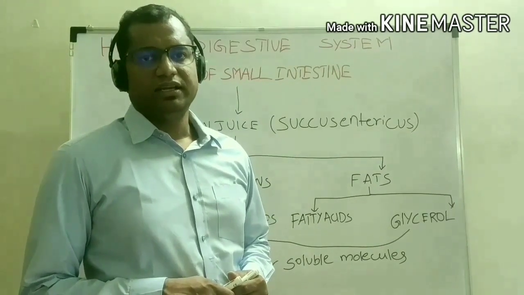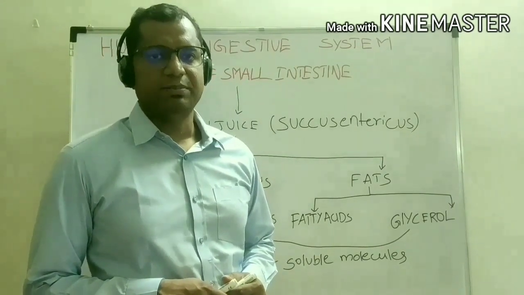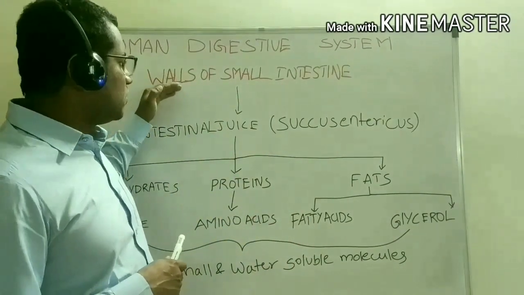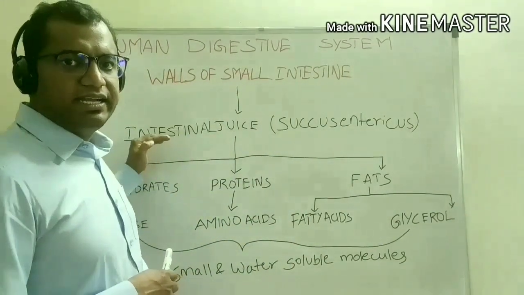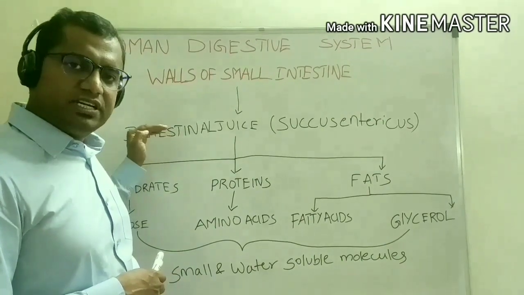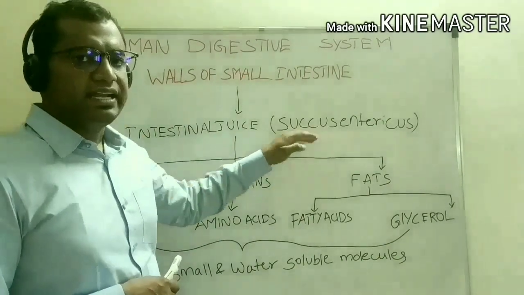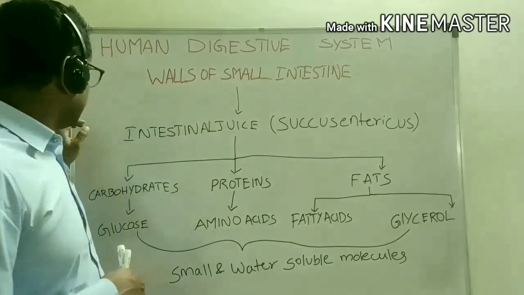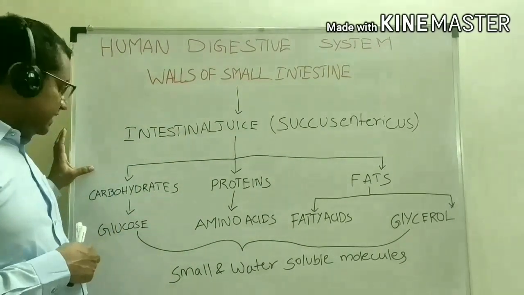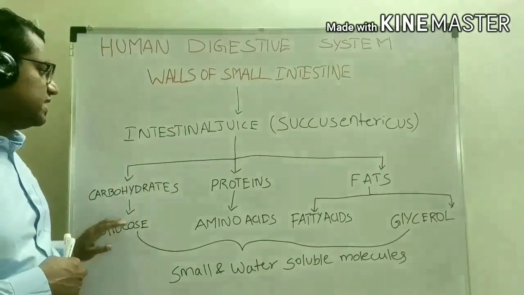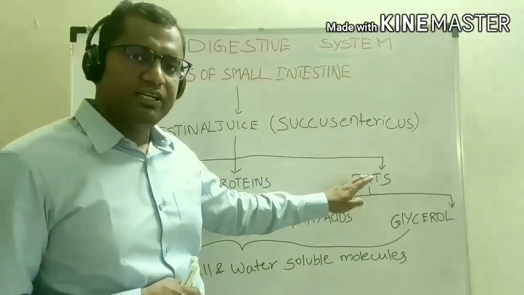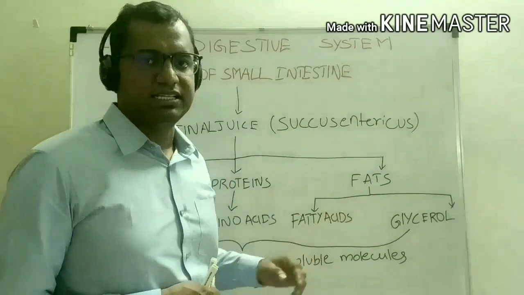Now let us enter into the last step of digestion, which happens in the small intestine. Here the walls of small intestine release intestinal juices, which are also known as succus entericus. The function of these intestinal juices is to convert the carbohydrates into glucose, proteins into amino acids, and fats into fatty acids and glycerol.